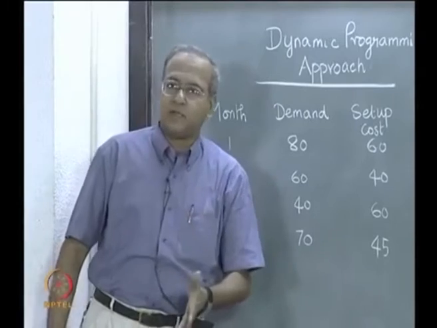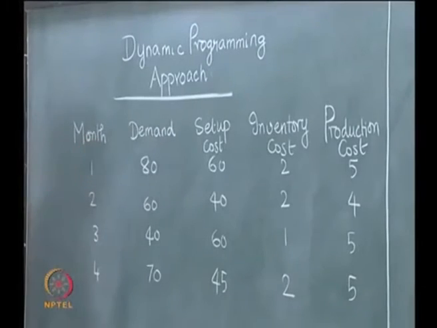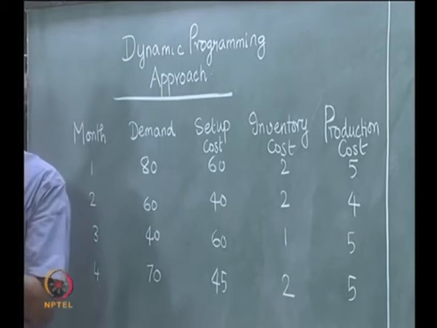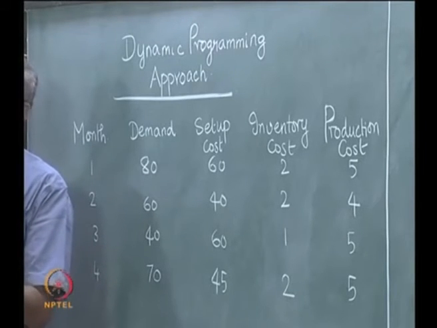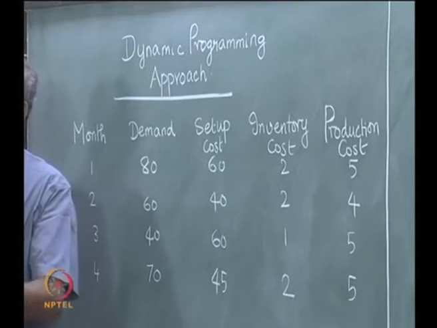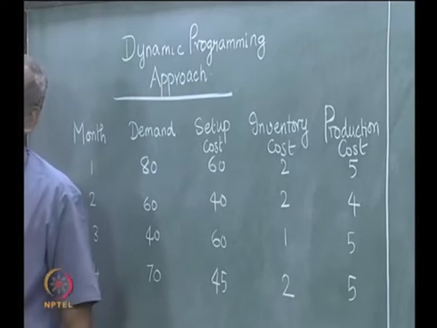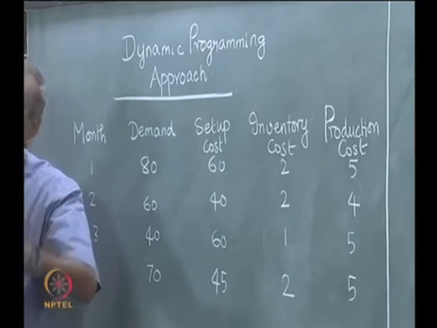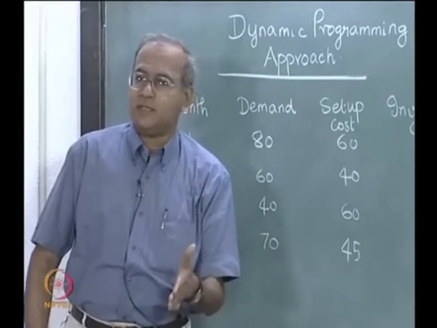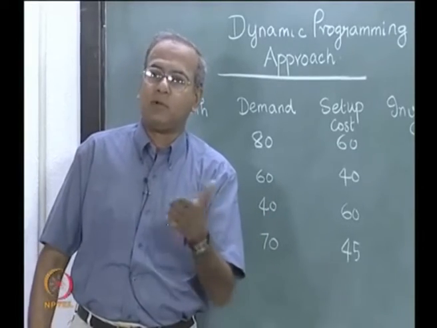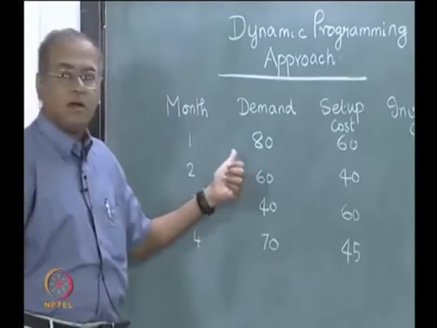So under that assumption, if we produce something in a month, then either the quantity that is produced should be at least the demand of that month, or with the beginning inventory and production in that month, we should be able to meet the entire demand of that month.